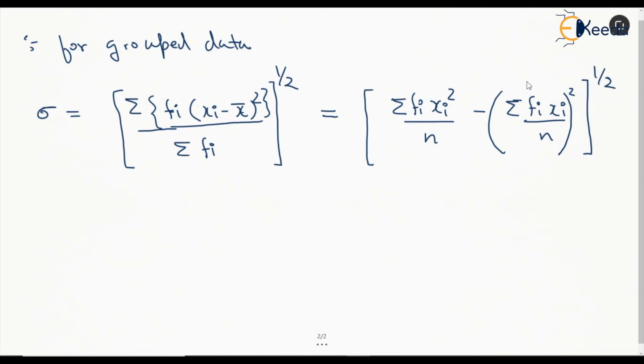This is nothing but the mean value, because the sum of the product of frequency and the values divided by n is the mean value, right? So this is minus the square of the mean value.